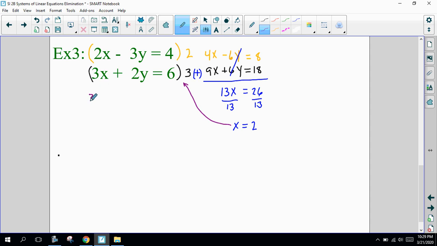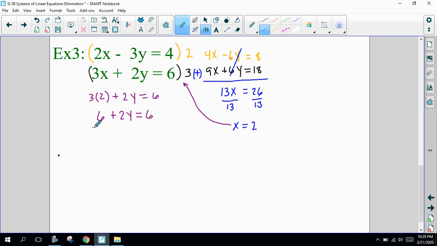So you've got 3 times the x value of 2 plus 2y, and then I bring down my equals 6. Now to solve this, 3 times 2 is 6. Bring down the plus 2y equals 6.